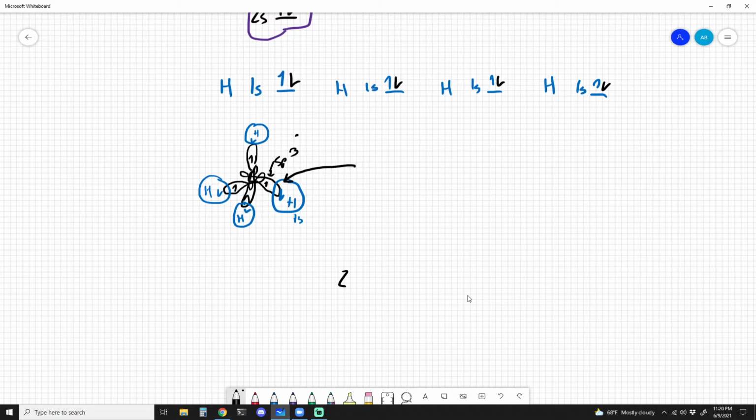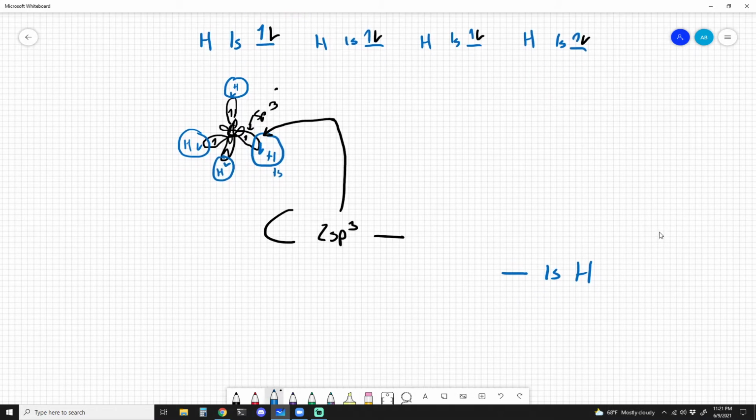So if we have a 2sp3 orbital, let's say we're looking at this sp3 orbital right here, this is from carbon. And over here we have the hydrogen 1s orbital. That's going to be slightly lower in energy than the sp3 orbital, but the s orbitals are always lower in energy.